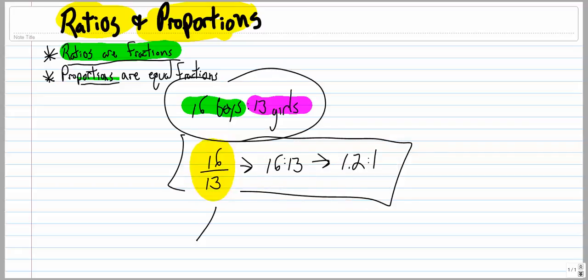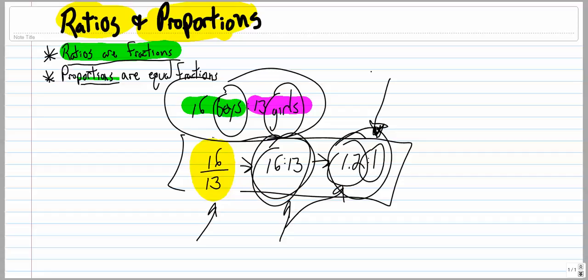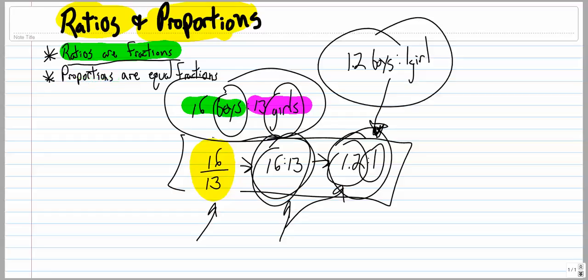In this one, we wrote it as a fraction, and in these two, we wrote it as a ratio. So what's the difference between these two? Nothing really. The only difference is that I simplified this down so that at least one of my terms would be a 1. So 16 to 13, boys to girls, is the same thing as 1.2 to 1. So 1.2 boys for every girl. Okay, so that's the idea of a ratio.